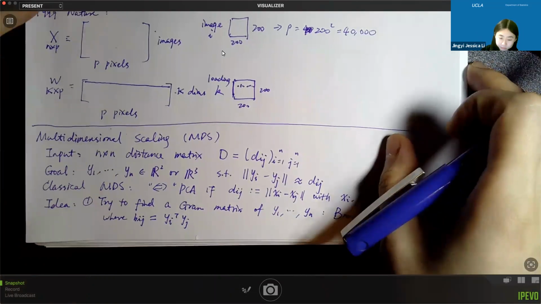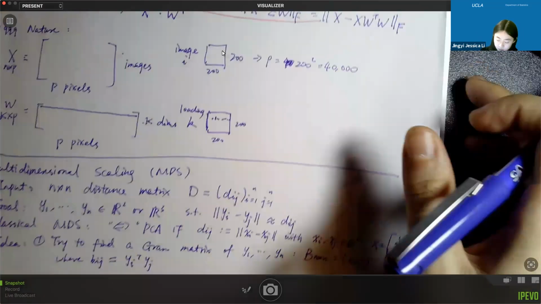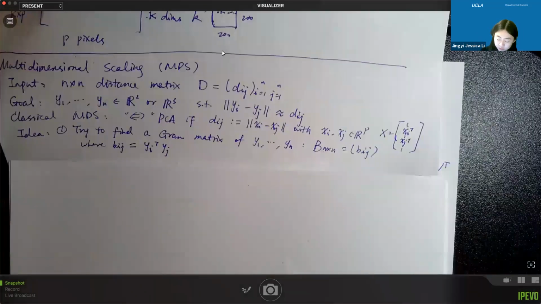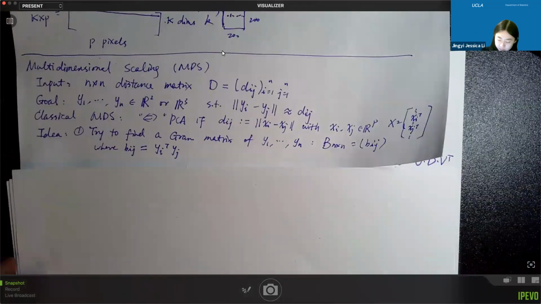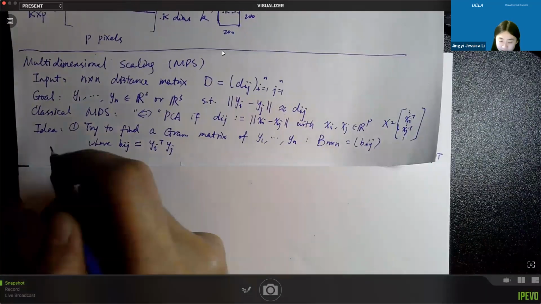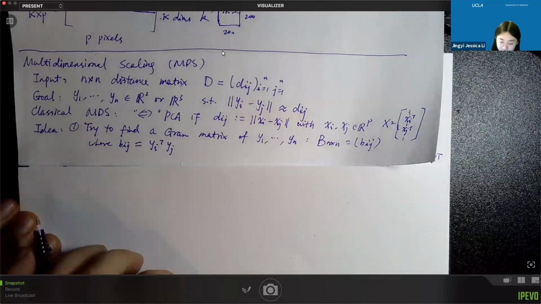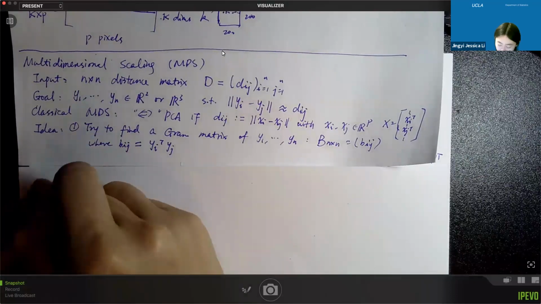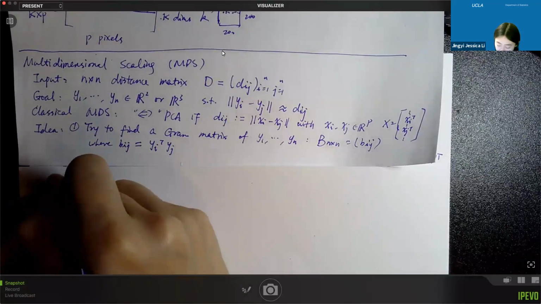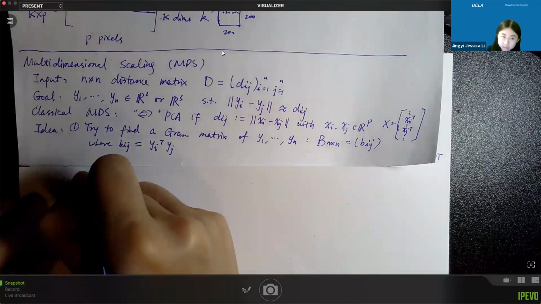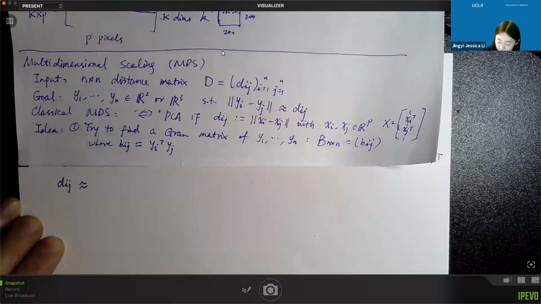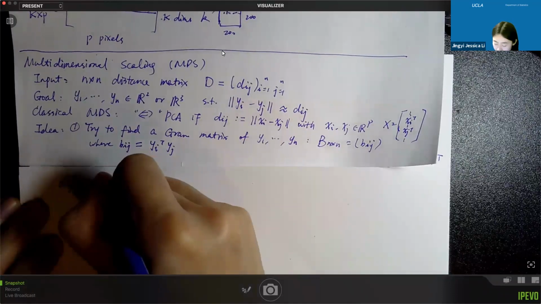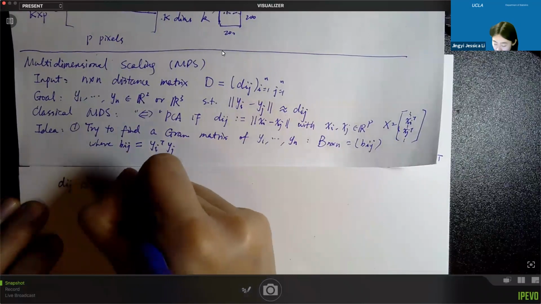Let's take a look. So what we do here for classical MDS is that we write down the Dij, or sorry, we write down the, because we know that we hope this Dij to be approximately or at best equal to the Euclidean distance between yi and yj, right?